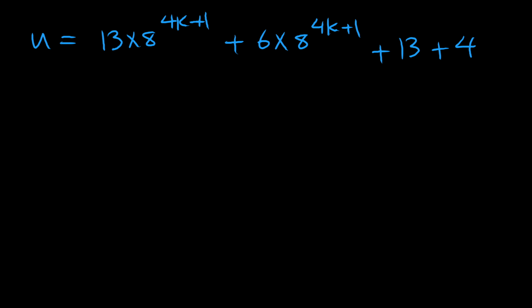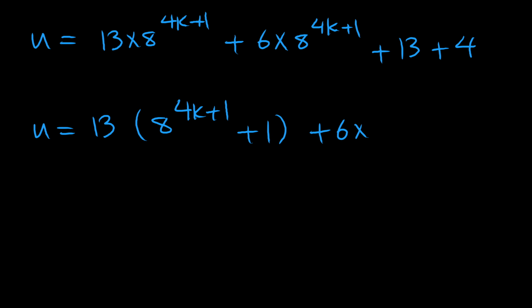Now, let's factor out 13 out of these two. So we're going to have u equals 13 times (8 to the power of 4k plus 1 plus 1) plus 6 times 8 to the power of 4k plus 1 plus 4.